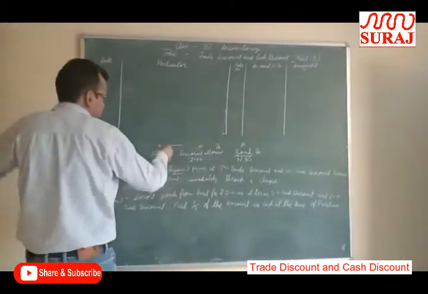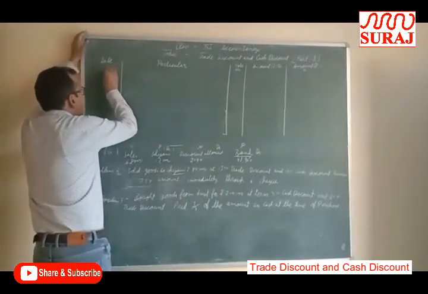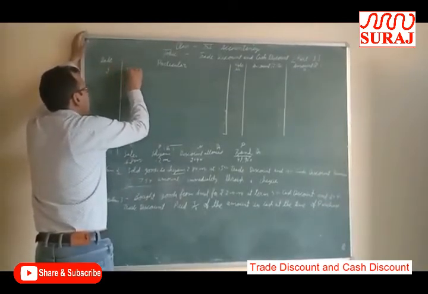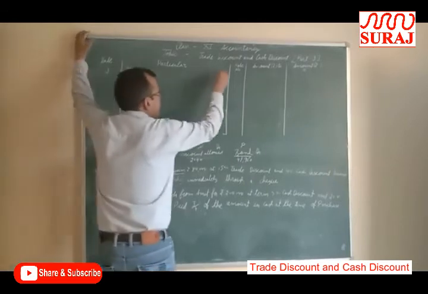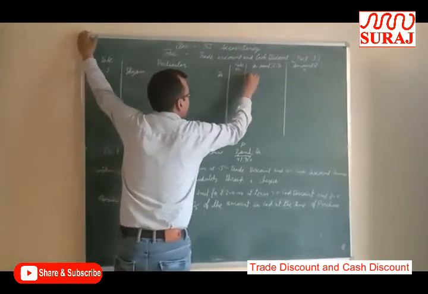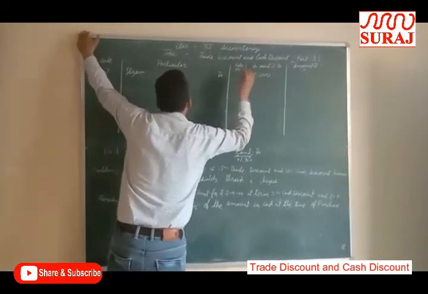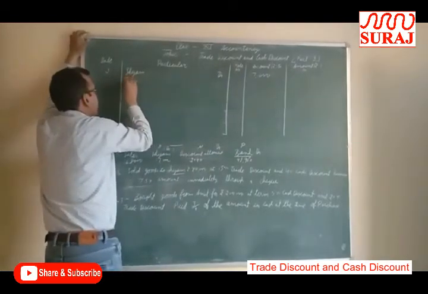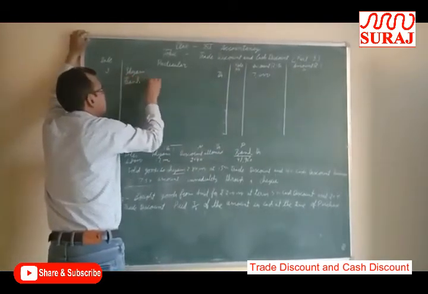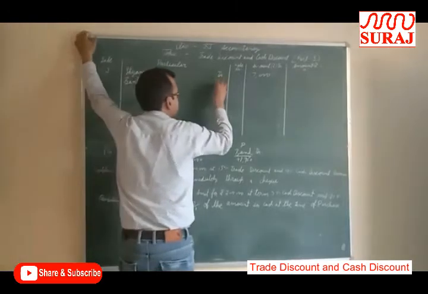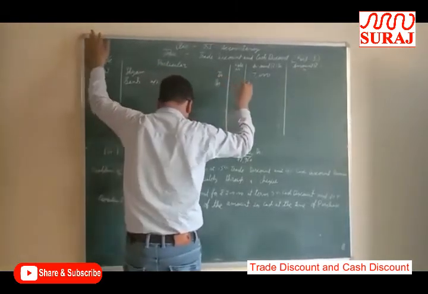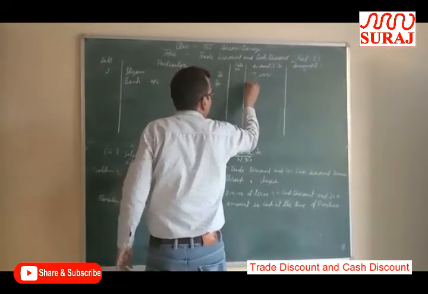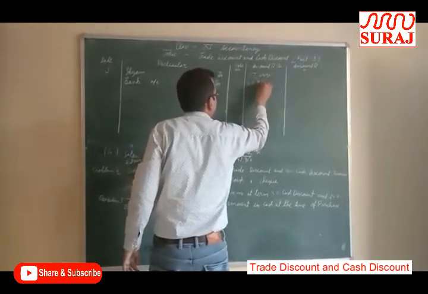Problem number 2 entry: Shyam debit 17,000. Bank account debit 48,960.